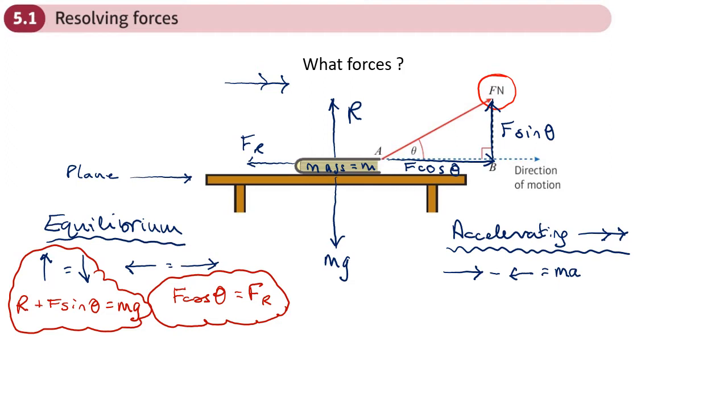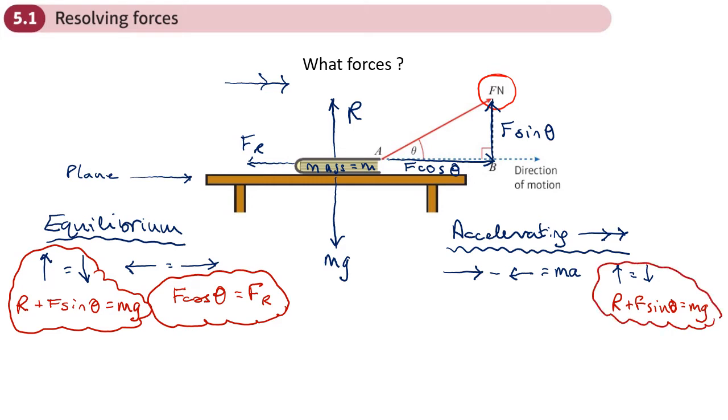However, it's not accelerating up or down, so the upward force still equals the downward force. So our first set of equations over here will be the same as before. R plus F sine theta equals mg. That's no different.